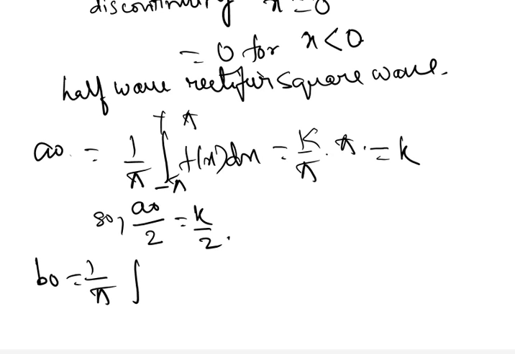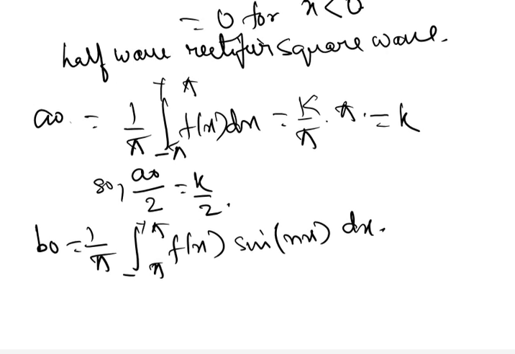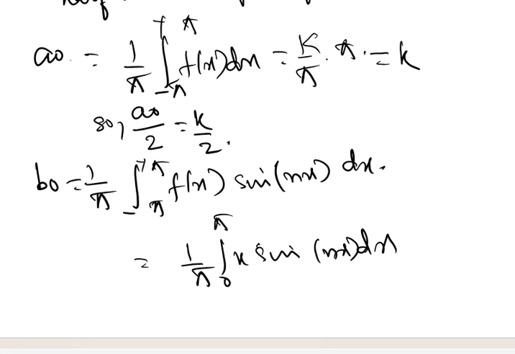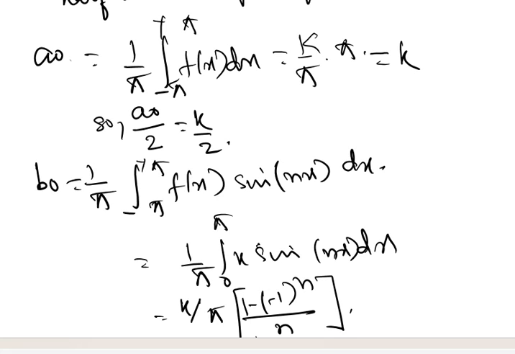bn equals 1 by pi, integral from minus pi to plus pi of f(x) sine nx dx. Evaluating, it will be 1 by pi, integral from 0 to pi of k sine nx dx, equal to k by pi times (1 minus (minus 1) to the power n) by n.